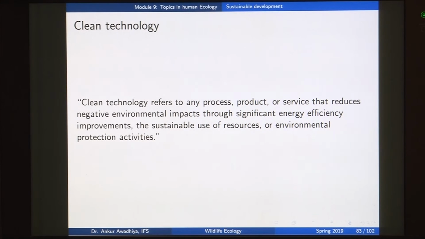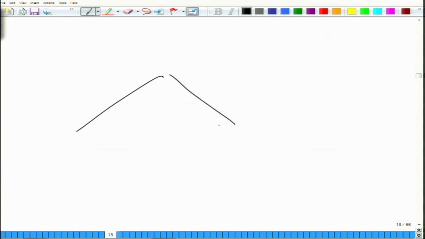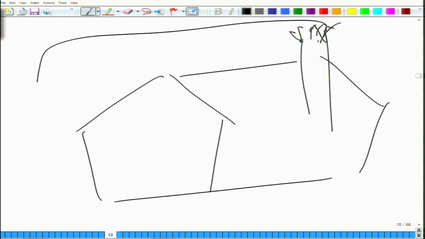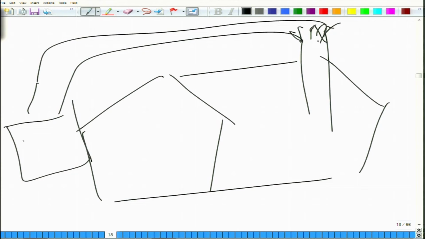So, for instance, a clean technology will be something like, you have an industry in an area, and this industry is giving out quite a lot of flue gases, and as a clean technology, you set up a structure in which these flue gases are taken out and put through some treatment chamber and then released back, so that the amount of discharge into the environment reduces. So that would be a clean technology.